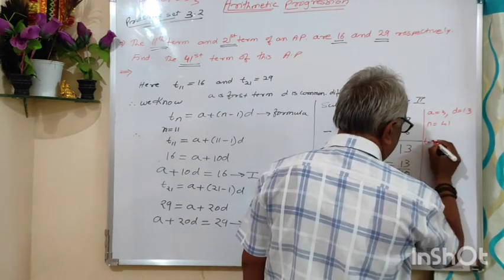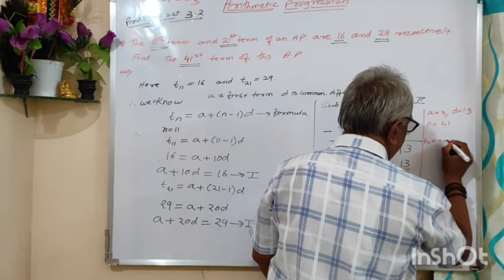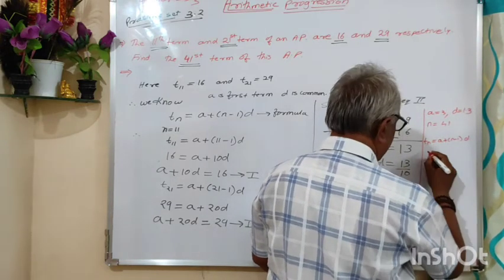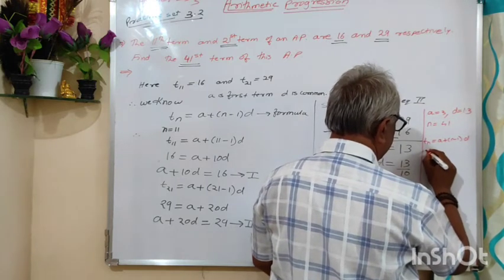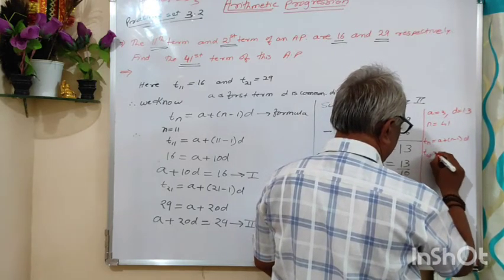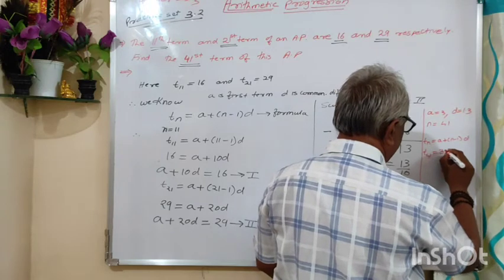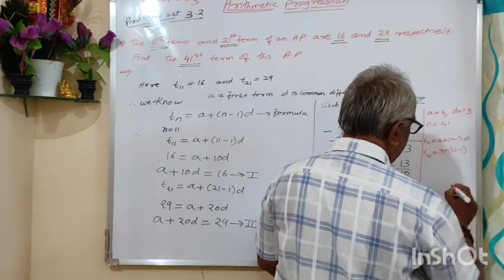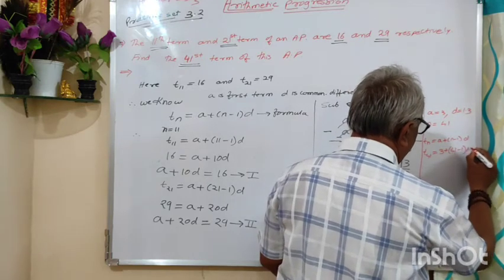Then Tn is equal to A plus in bracket n minus 1 into D. T41 is equal to A, which is 3, plus in bracket 41 minus 1 into D, which is 1.3.